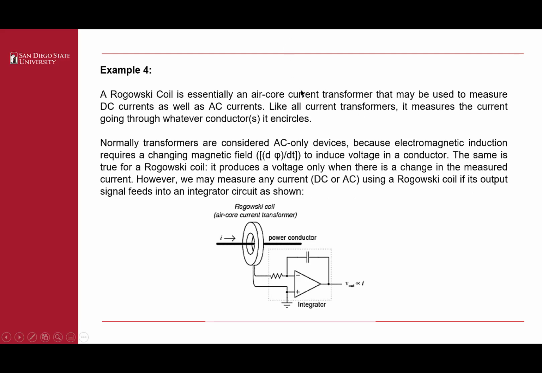Another example is coming. A Rogowski coil is essentially an air core current transformer that may be used to measure DC currents as well as AC currents. Like all current transformers, it measures the current going through whatever conductors it encircles. Cool, right?